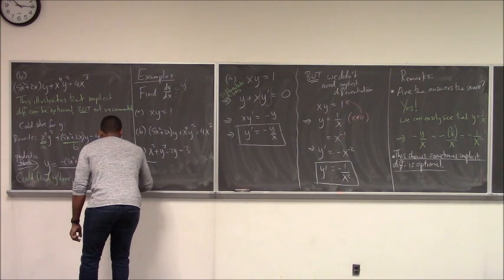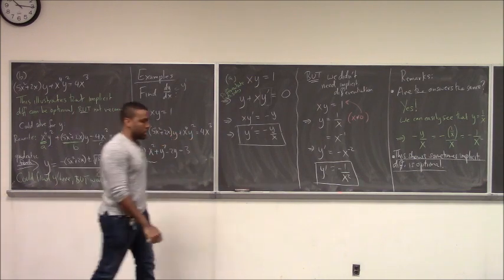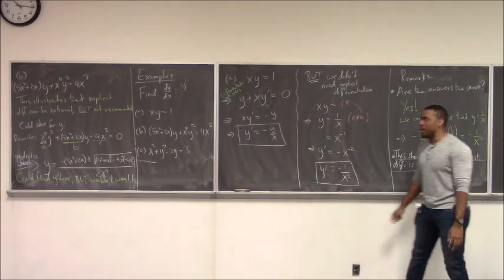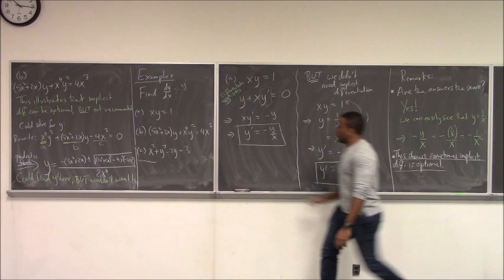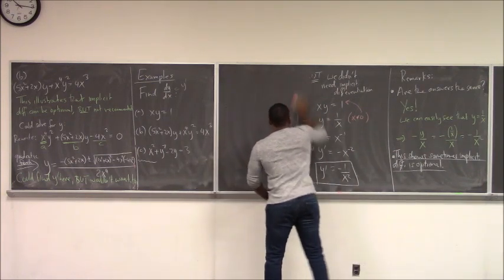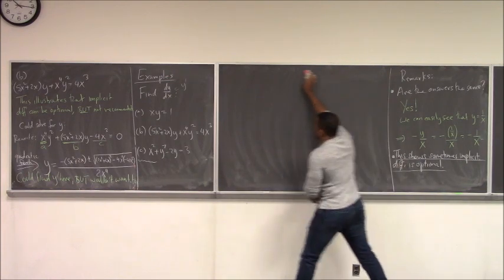So some of you might be wondering from this example, well, is this optional or not? Well, there are times when it is optional, but you wouldn't want to do it even if you had that option, right? So let's do it the implicit way to see how that would look.